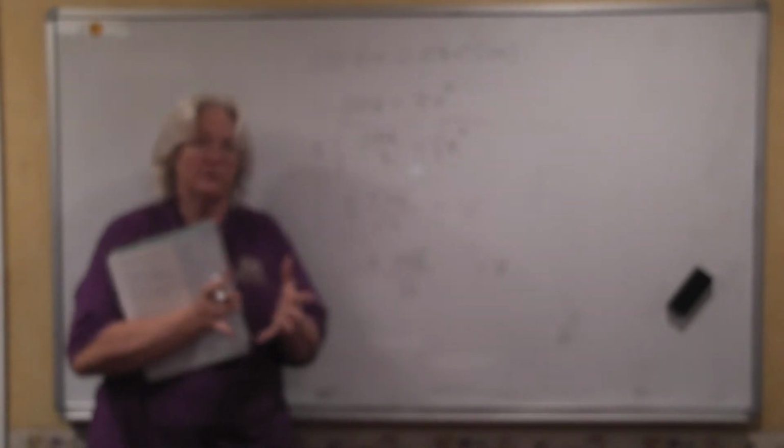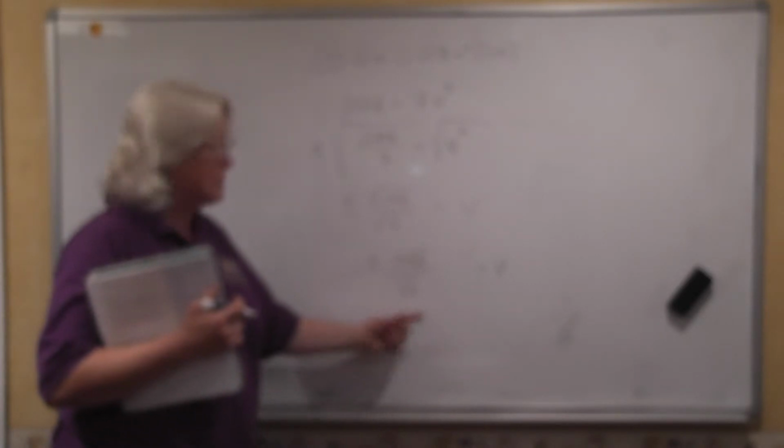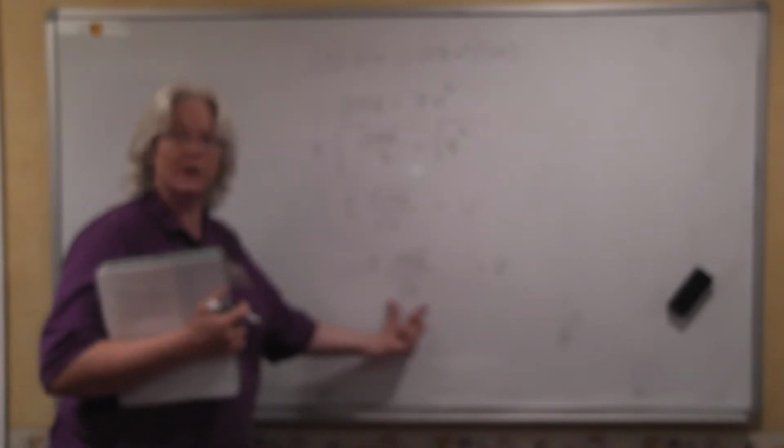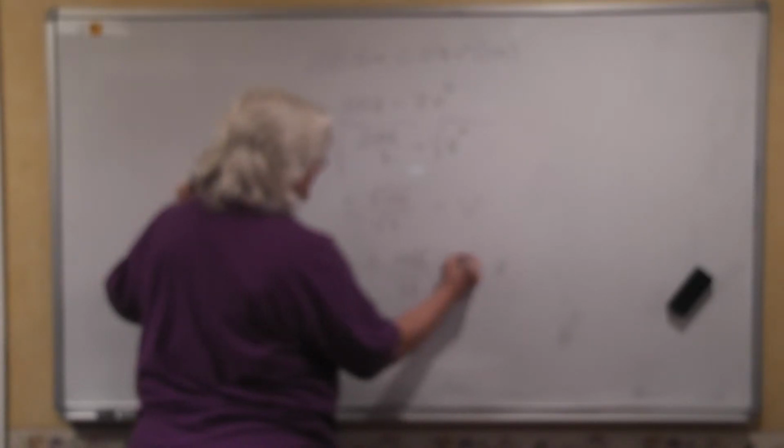Why or why not? Okay, this is one of the hard problems you're going to have to work with, so hang with me here. You have to rationalize the denominator. Remember that term? You cannot have a radical sign in the denominator, so we have to multiply both the numerator and the denominator by the square root of 7.